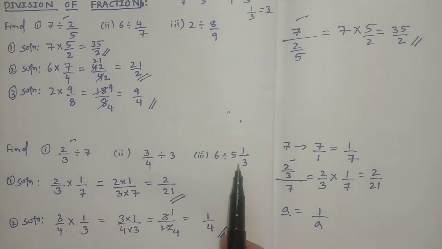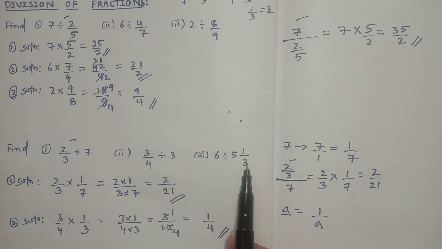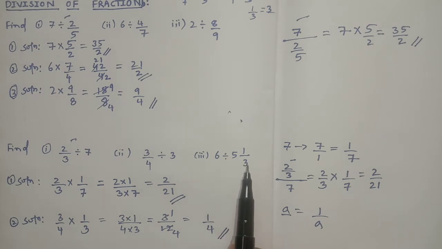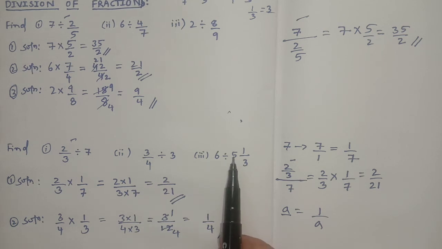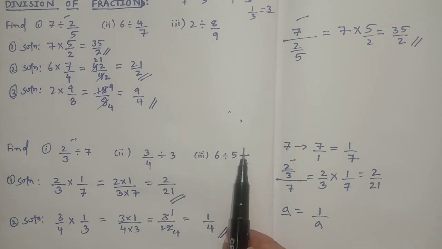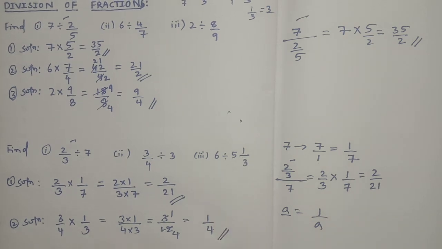Let's convert this. How to convert it? I have shown you many times in my previous classes. Let's see one more time. 3 5s are 15. 15 plus 1, 16 divided by 3.